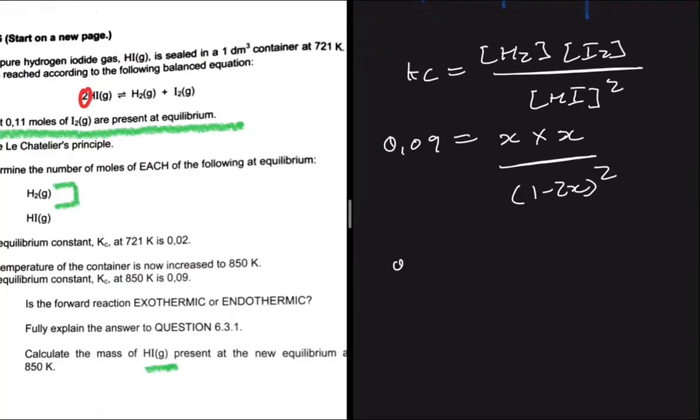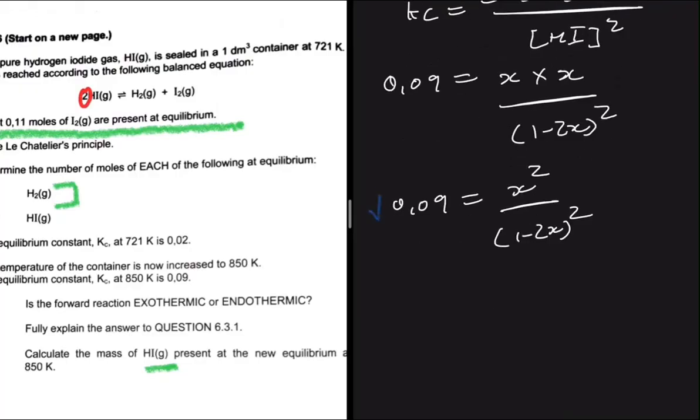So we're going to have 0.09 equals x squared divided by (1 minus 2x) squared. What you can do here is cross multiply and complicate your life, or you can take the square root on both sides. Let's take square roots on both sides so that I can show you what I'm talking about.